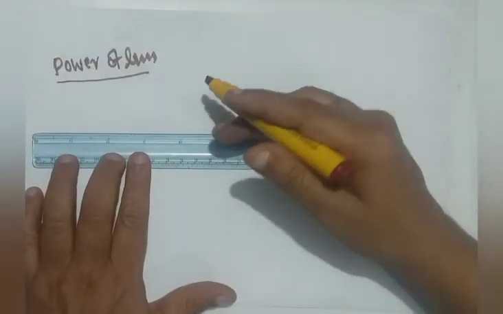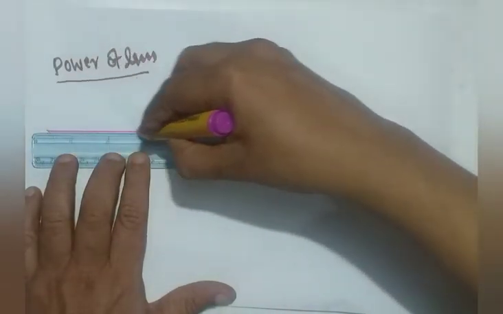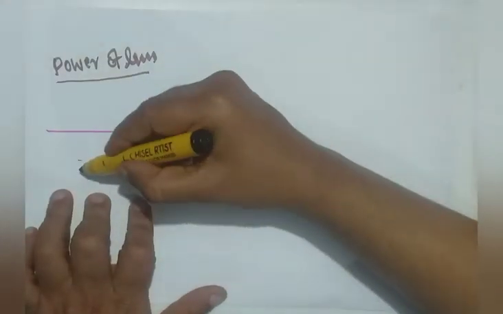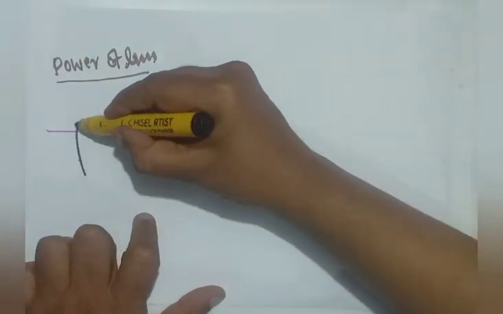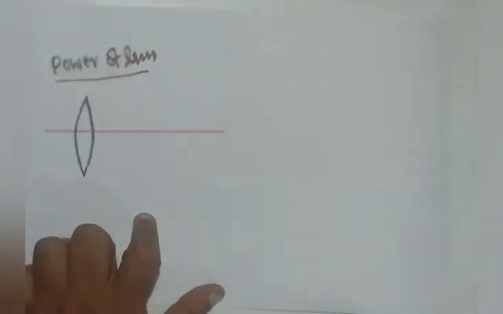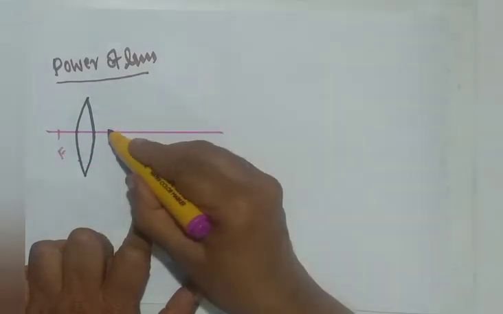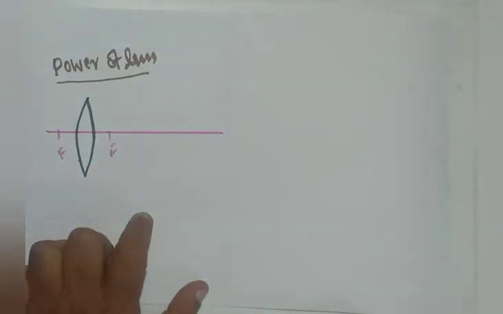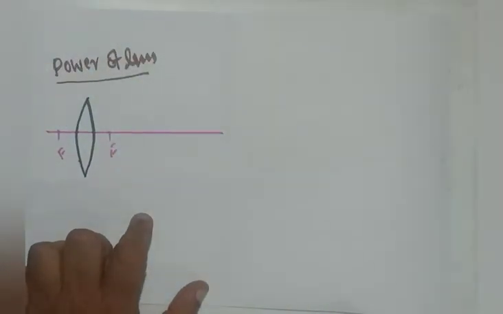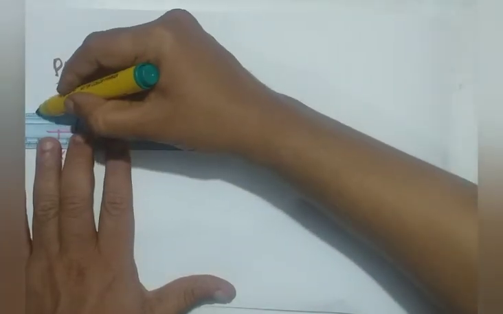For that, I draw a figure here. Say this is the principal axis. I draw a lens there as usual. Say this is the lens and these are the principal foci. I draw a parallel beam of light ray falling on the lens like this.